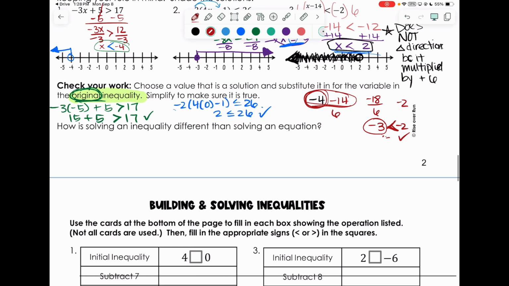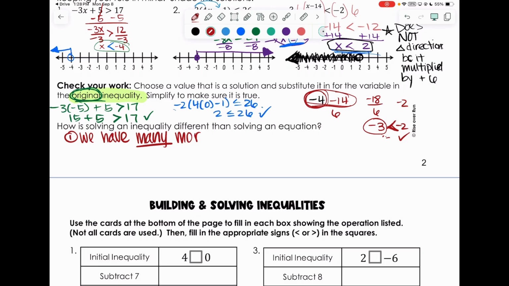How is solving an inequality different than solving an equation? How many answers do we have? We have many more solutions from one inequality than from an equation.